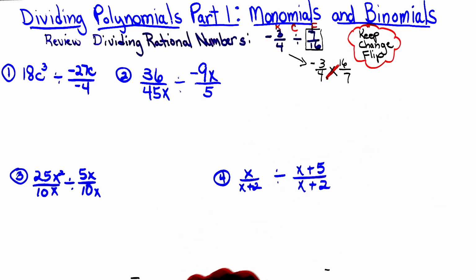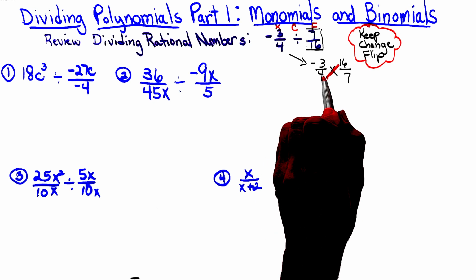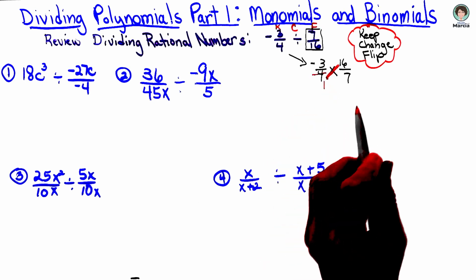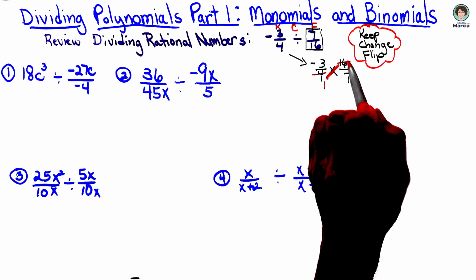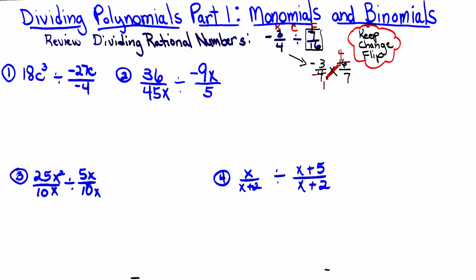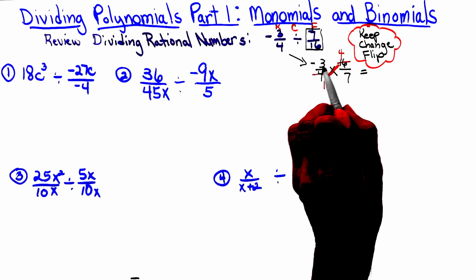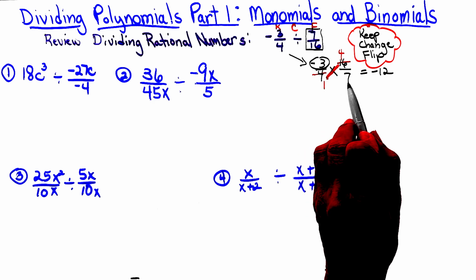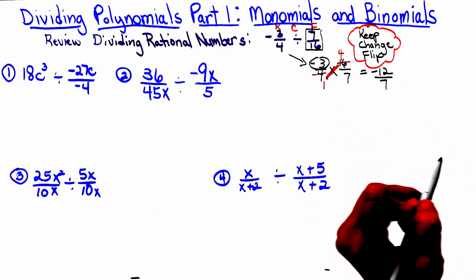The greatest one is what we'd like to have. We're going to divide 4 by 4 and we get a 1. We're going to divide the 16 by 4 and we get a 4. Now I'm dealing with much smaller numbers, and when I multiply straight across, remember this is a negative 3, I get a negative 12, and 1 times 7 is 7. So that is my answer.